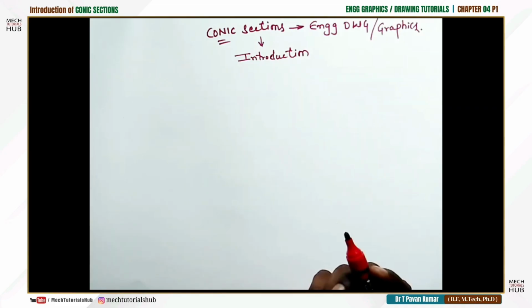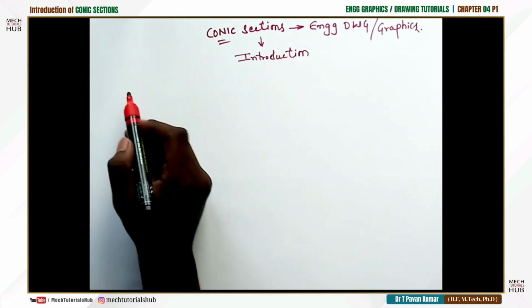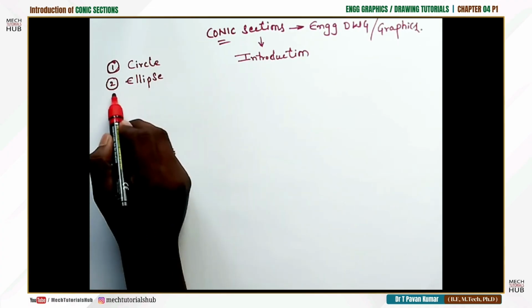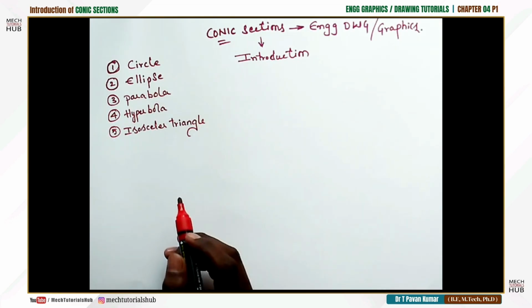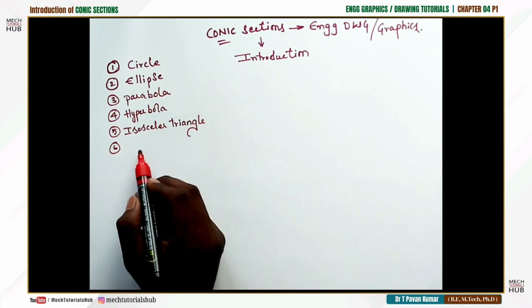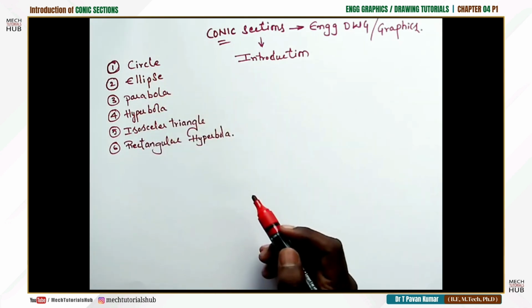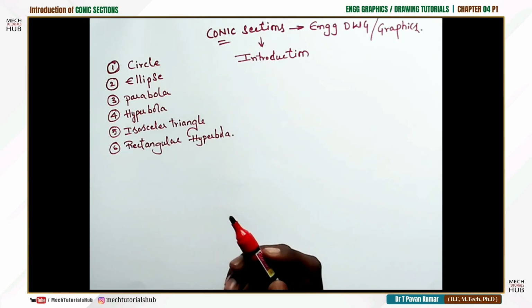Now conic sections are nothing but, I'll try to write a few types here. For example, number 1 circle, number 2 ellipse, number 3 parabola, 4 hyperbola, 5 isosceles triangle, and the 6th one rectangular hyperbola. These are different conic sections that we can obtain with the help of a simple cone.